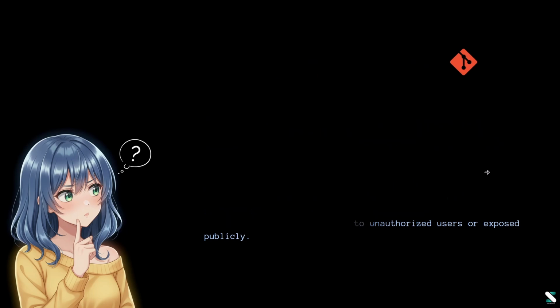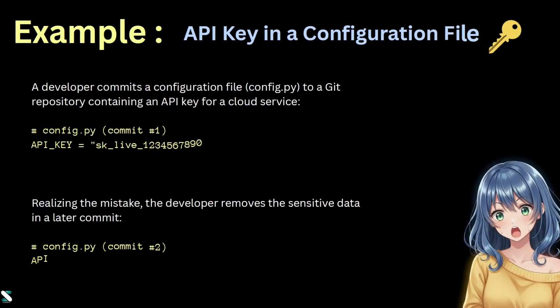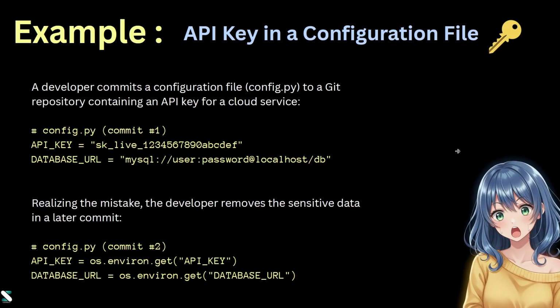Moving on to the next slide, I'll be explaining with an example. The example is an API key in a configuration file. Let's understand the scenario.